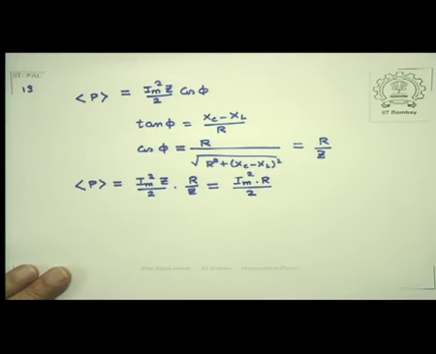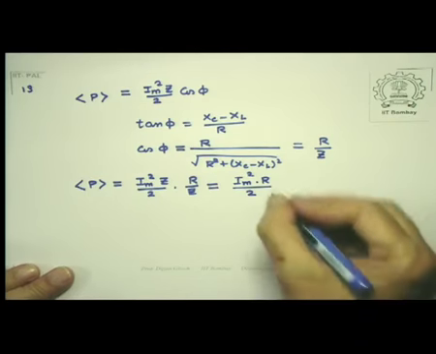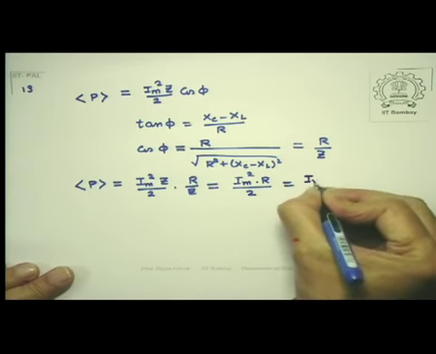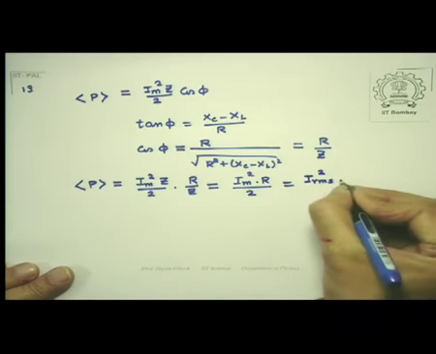Since Im by square root of 2 is the RMS current, I can rewrite this as I RMS square times R.